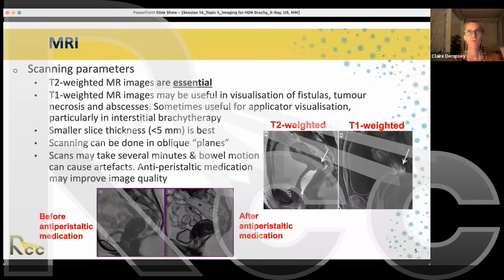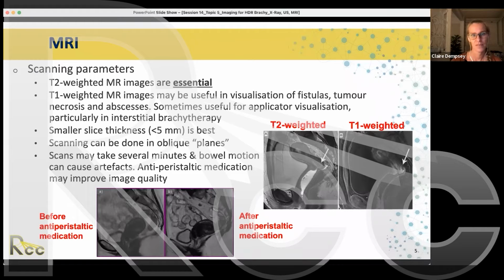If you have slice thicknesses of 5 millimeters, the accuracy of your applicator tip placement is only going to be within 5 millimeters, because you could have some interpolation between slices. So the smaller the slice thickness is, the better our applicator tip reconstruction will be. That's why we want smaller slice thicknesses.